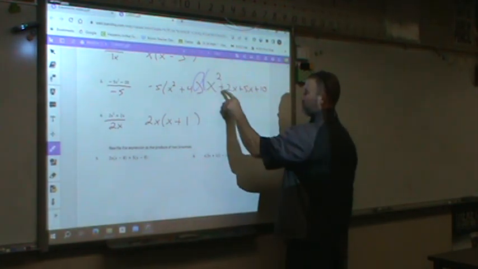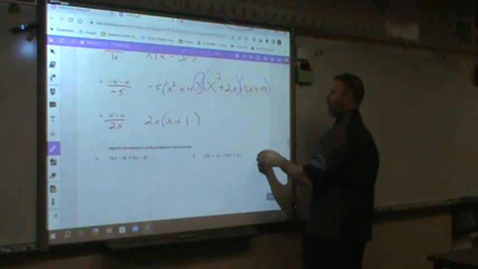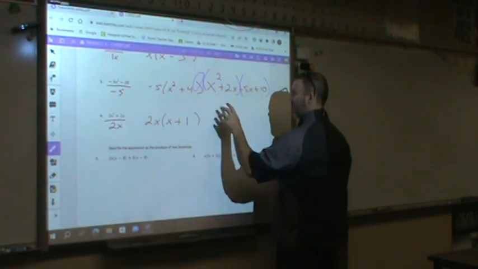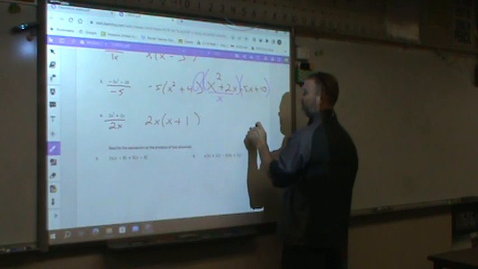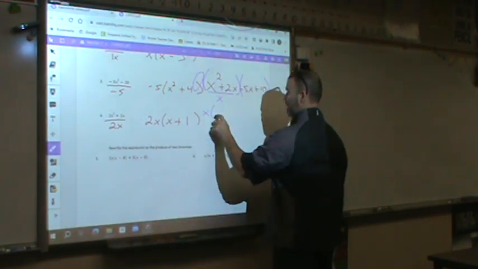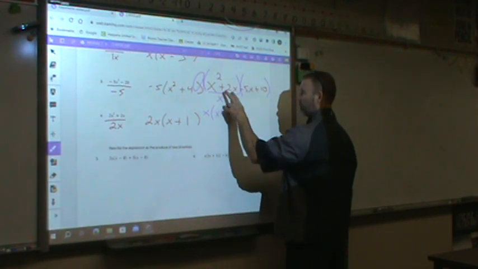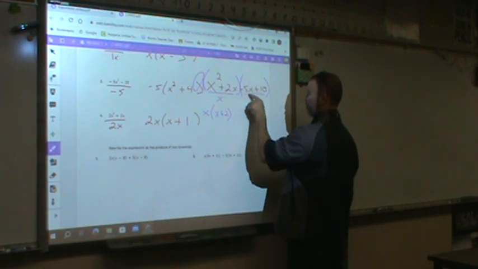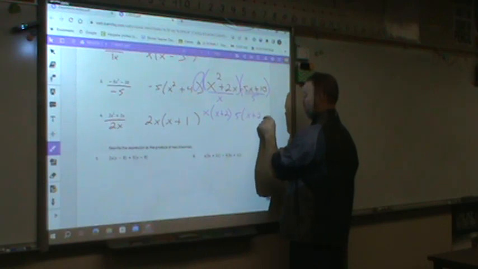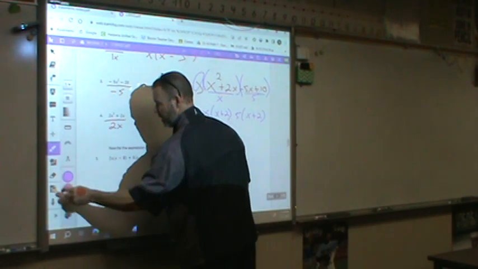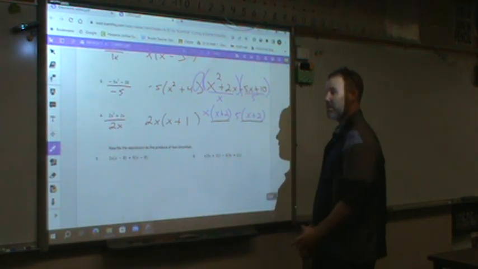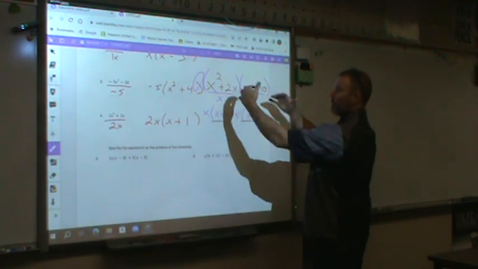Well, we're going to factor by grouping, and when we factor by grouping, we group the first two, and we divide out the greatest common factor, and here it's x, so x times x plus 2. We factor out a 5 out of the second grouping, which gives me x plus 2. And what you should notice is that these two parentheses are the same. Yes, they are. That's how I know I did the process correctly.